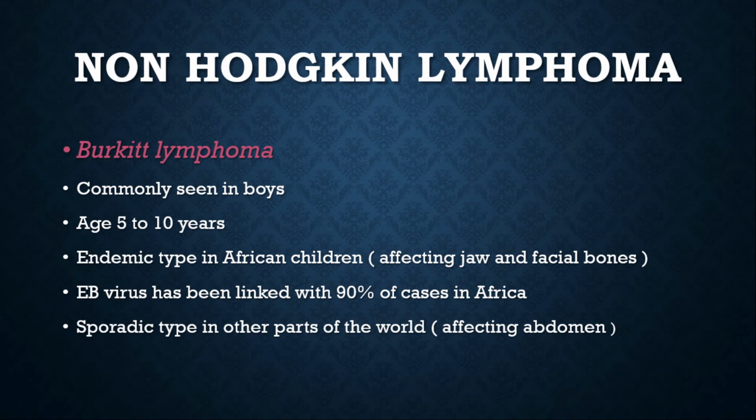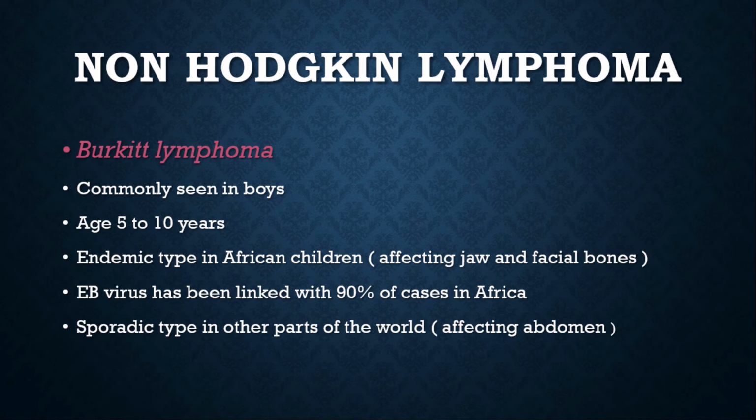Few words about Burkitt lymphoma, which is commonly seen in boys in the age of 5 to 10 years. Burkitt lymphoma has two types, the endemic and the sporadic type. The endemic type is usually seen in African children, and it has an association with EB virus in more than 90% of the cases.